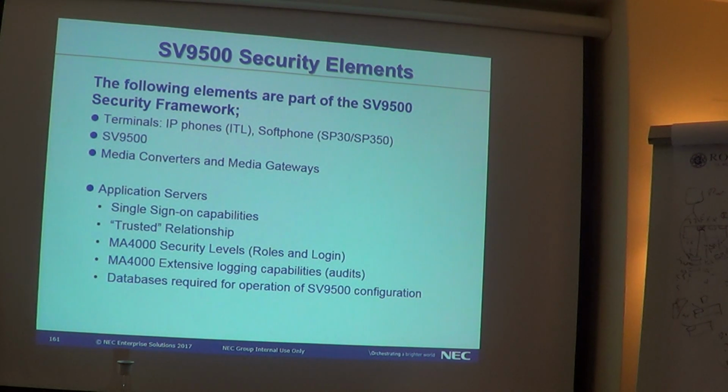The following elements can be connected to a network. It could be a phone, soft phone, media converter, or the 95 itself. An application can be connected, like a MA4000 or express management, that can be required to be secure.